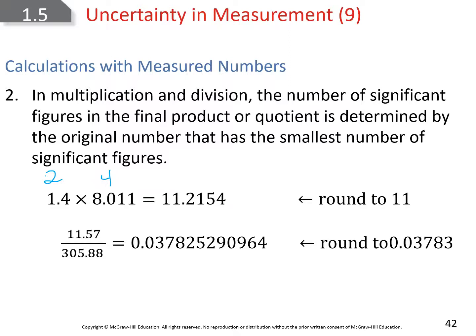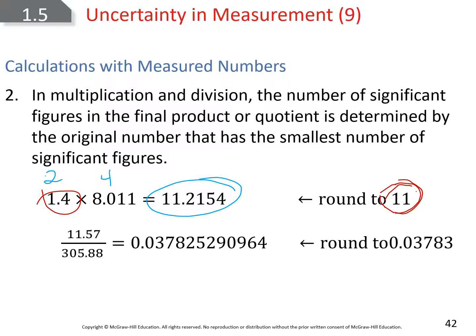Multiply just like we'd multiply any other numbers. This is our final answer. However, the 1.4 limits us, so our final answer can only have 2 significant digits. Okay? When we divide, we do the exact same thing.